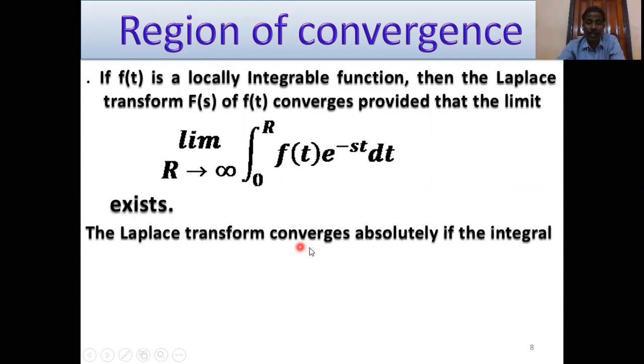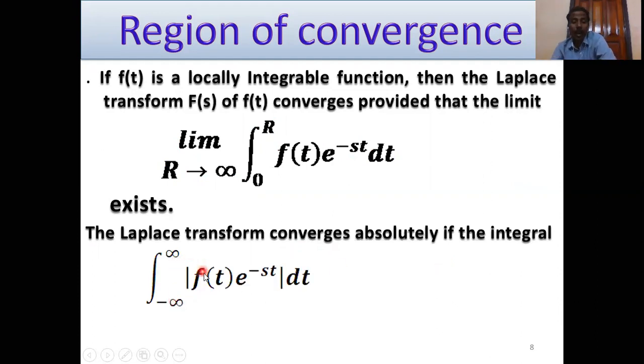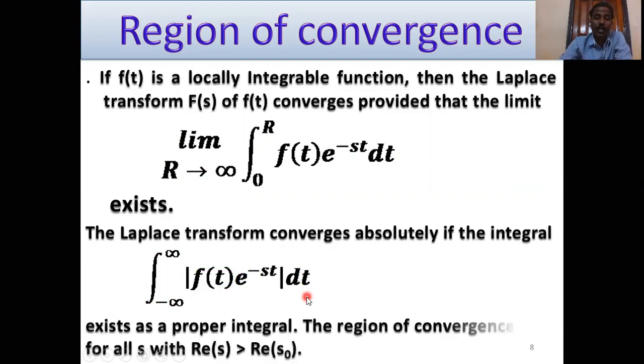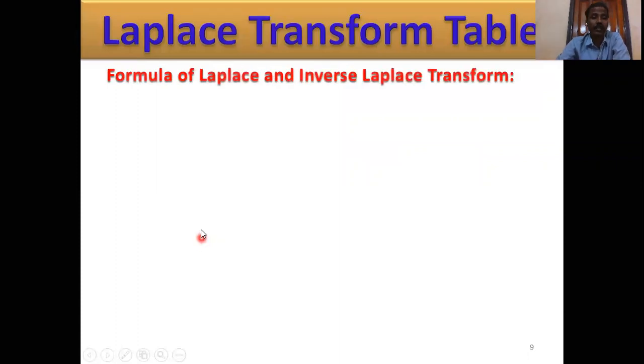And the Laplace transform converges absolutely if the integral from minus infinity to plus infinity of the modulus of f(t) e to the power minus st dt exists as a proper integral. The region of convergence or ROC is for real s greater than real s0, the initial value. So this is our region of convergence formula, with properties and boundary conditions.